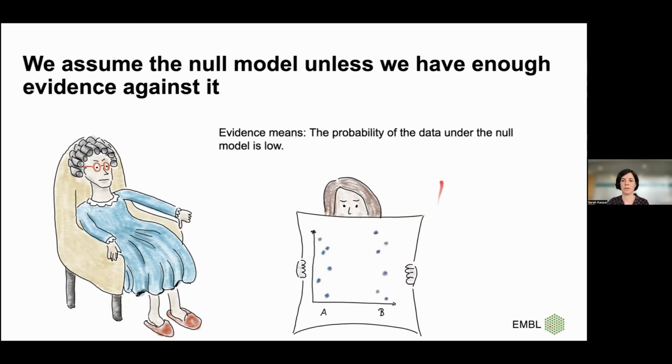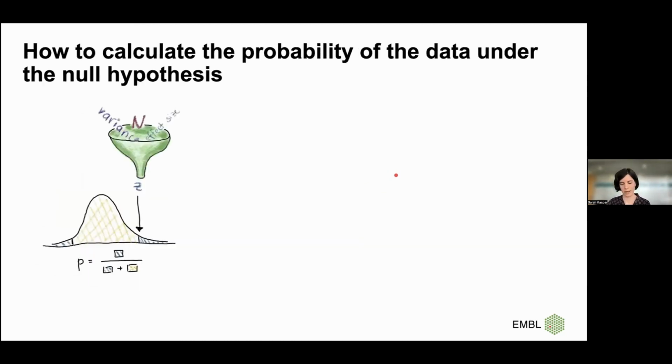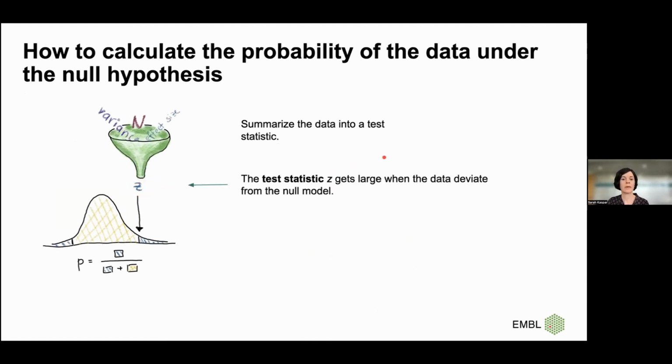And evidence for me means that the probability of the data that you're showing under my view, under my null model, is low. And here is how in practice we usually calculate this probability. We summarize the data into a test statistic. In this particular example, it's called Z. This test statistic should be large when the data deviate a lot from the null model.